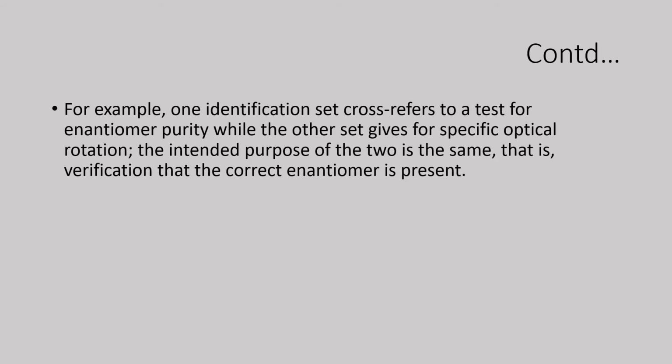For example, one identification set cross-refers to a test for enantiomer purity, while the other set gives specific optical rotation. The intended purpose of these two is the same, that is the verification that the correct enantiomer is present. See this example. The identification test may say enantiomer purity, and there may be a specific test in the monograph like specific optical rotation.